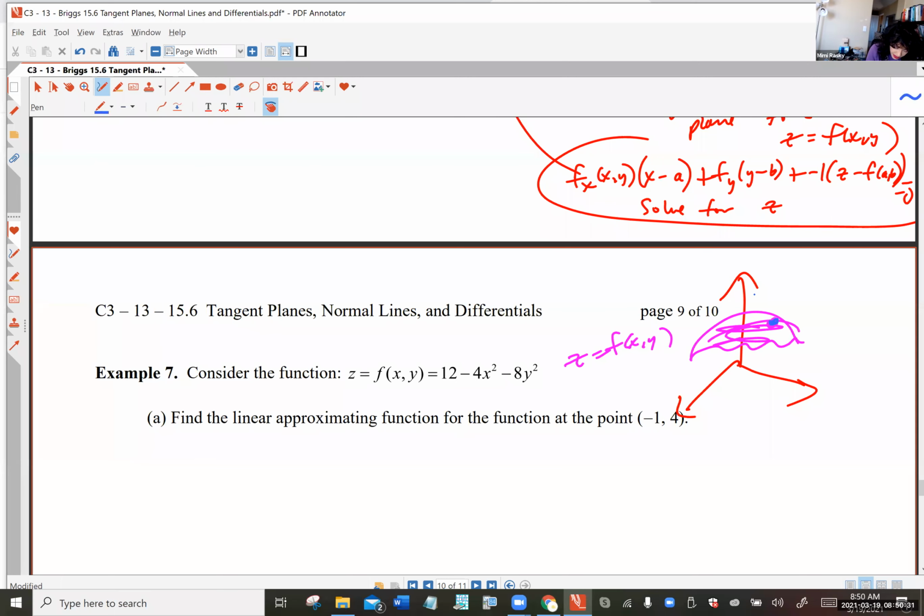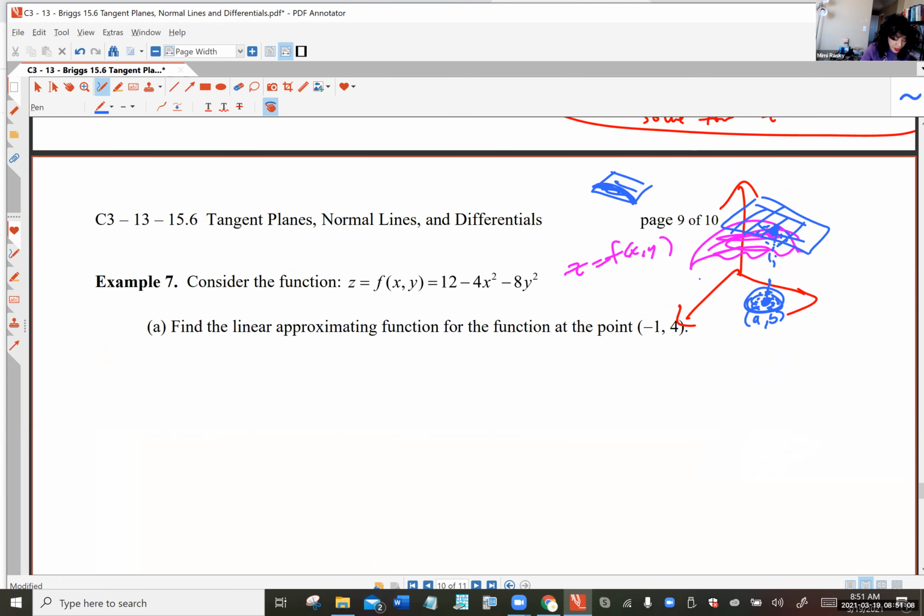If you stay in a close vicinity of this point down here, a, b, maybe within a little delta neighborhood, then for any points that you pick down here in the xy plane that are on the surface, if you use the tangent plane instead as your equation, it's a pretty good approximation of the surface. Yes, if you did a close-up shot, the surface is curvy and the tangent plane is flat, but as long as you stay really close to the point in question, it's a pretty good approximation.